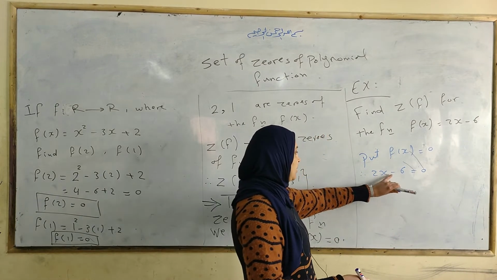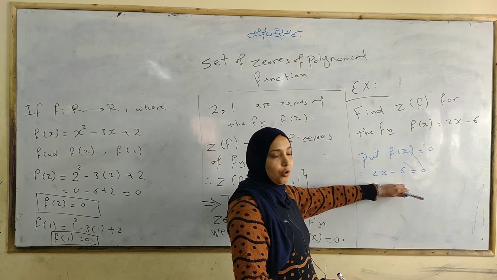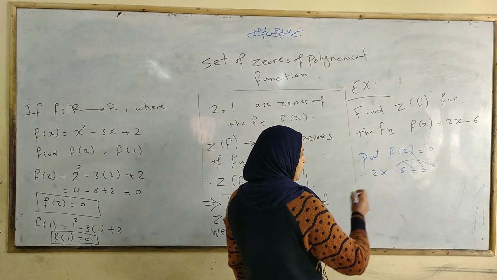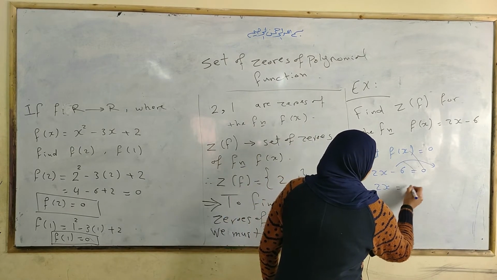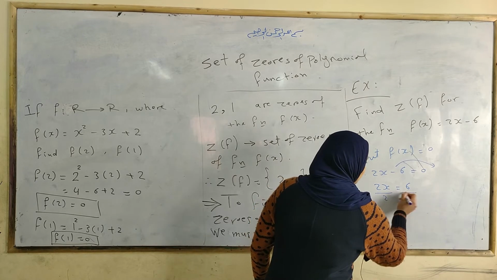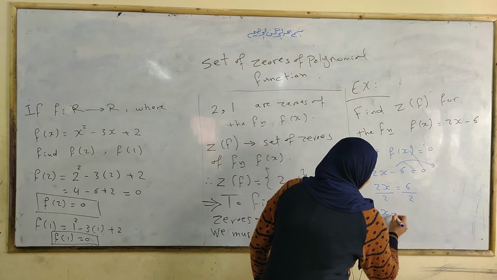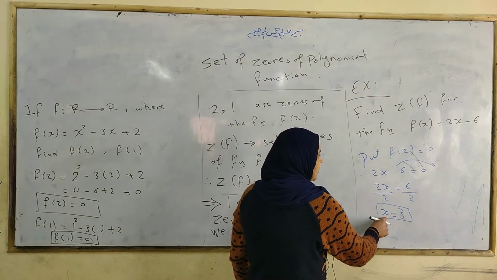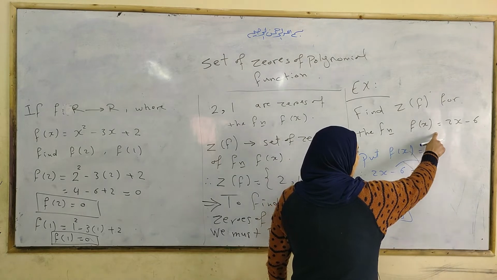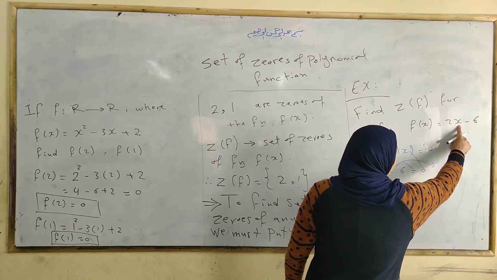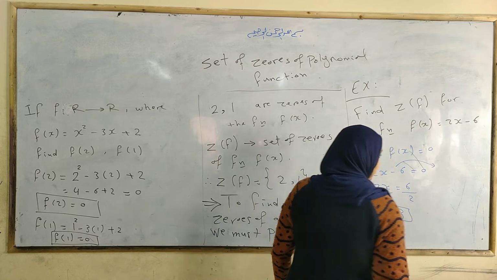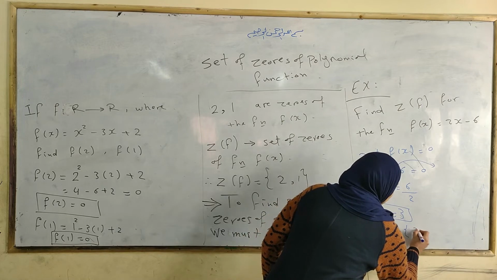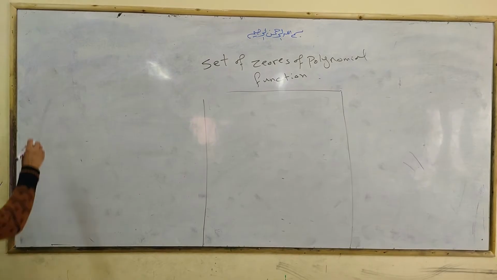How can we find the solution set of a first degree equation? Negative 6 goes to the other side with opposite sign, so 2x equals 6. Dividing the two sides by 2, x equals 3. If we put x equals 3 in the function, 2 times 3 equals 6, 6 minus 6 equals 0. So Z of f equals the set of 3.